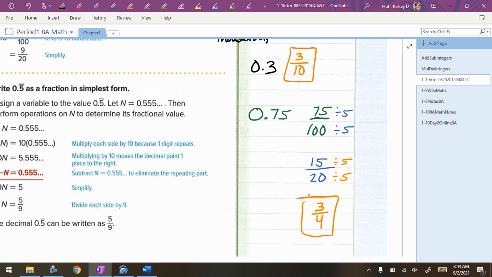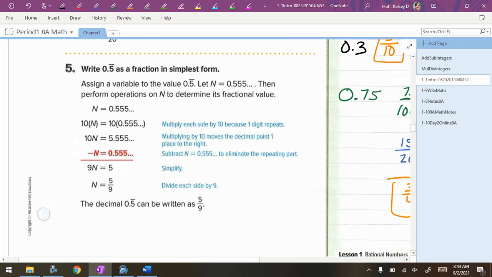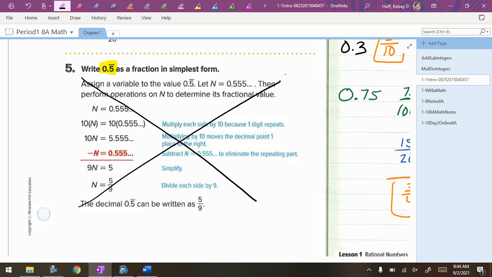Okay. Now, what about this decimal? Repeating or terminating? Repeating, because there's a bar. Okay? Miss Hoff does not want you to do what the book tells you to. They make this really hard, and it doesn't have to be. If you have a repeating decimal, it's going to go over 9.